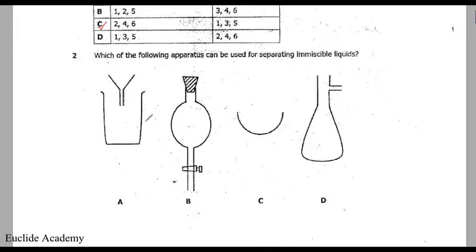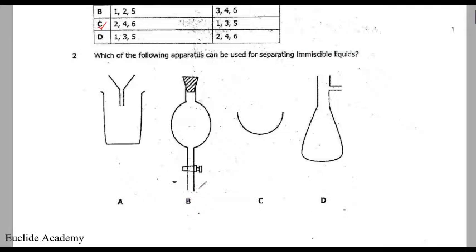Here you can see we have a beaker with the separating funnel, then we have a crucible, and this instrument here. Then D. Which instrument can be used to separate immiscible liquids?